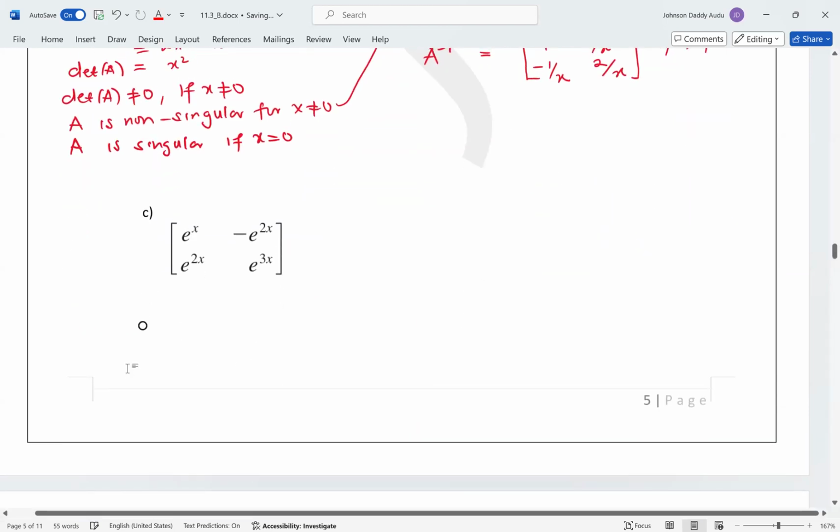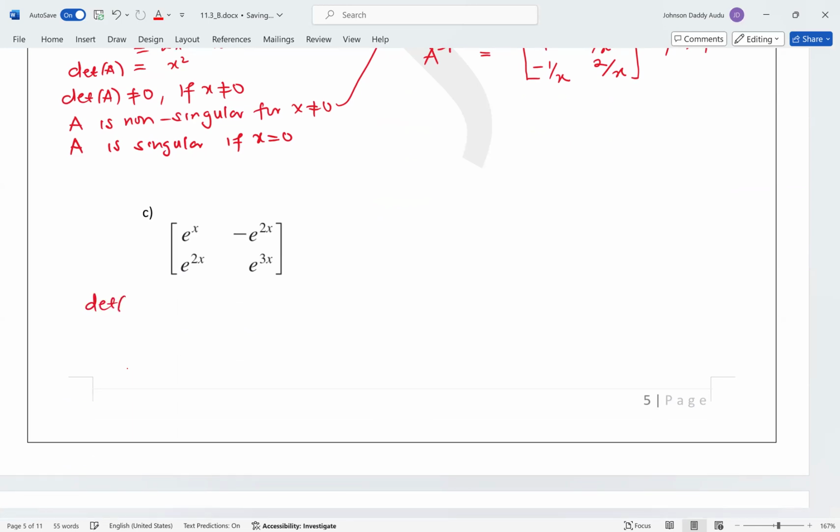So for C also, we can first of all look for the determinant of A. We can call this A. The determinant of A is just going to be this times e^x, plus e^2x times e^2x. And this is just going to be e to the power 4x plus, this is also e to the power 4x.